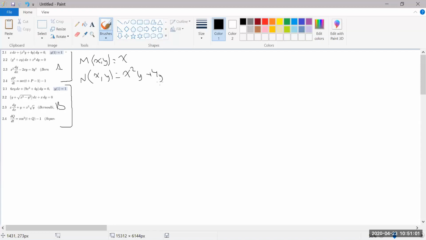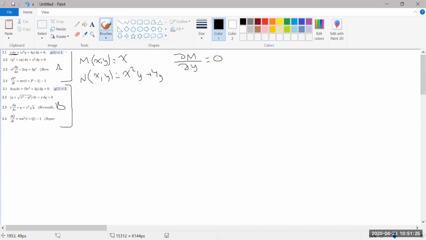Okay, so now we are going to take the partial derivative of m with respect to y, because it went with the dx. So when you do that, that is equal to 0, because keep in mind you're taking it with respect to y and holding x constant.